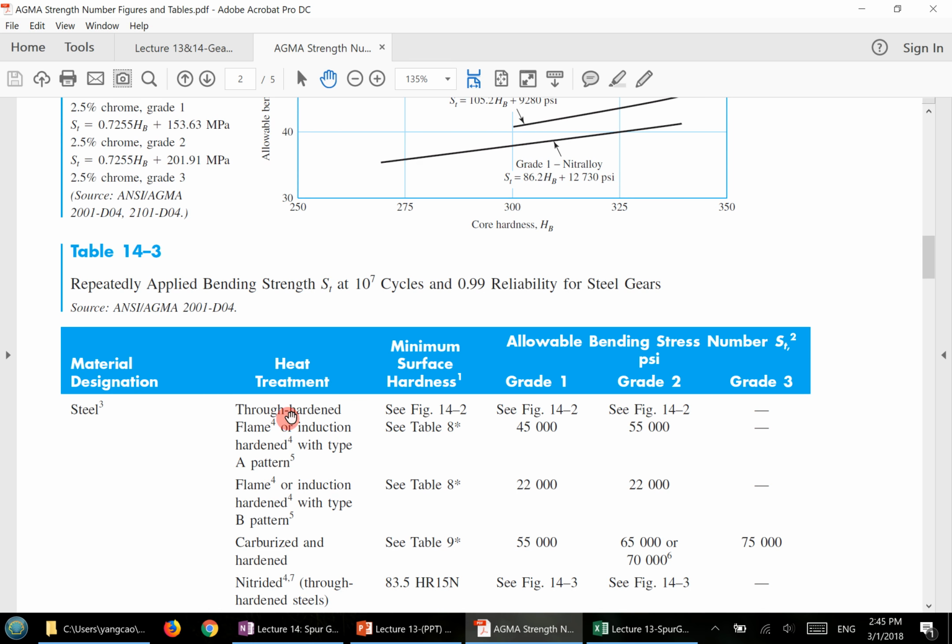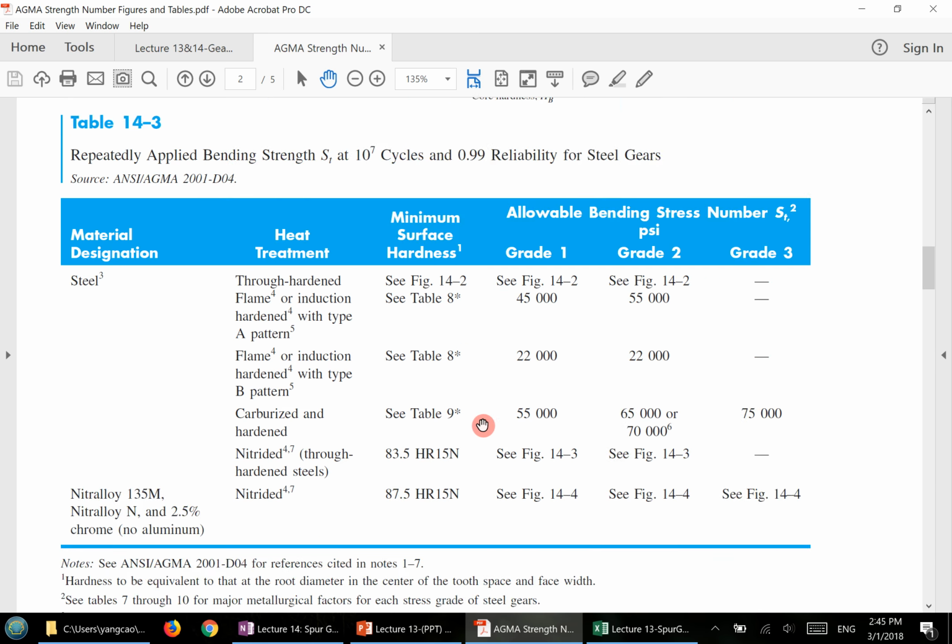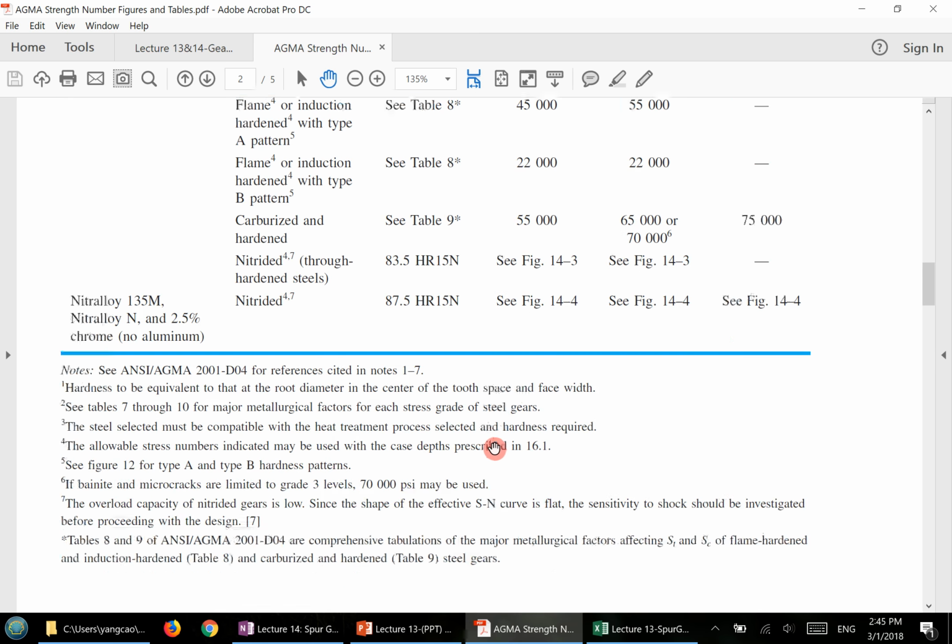The first row is through hardened, where you refer to the figures. Then there are a few rows for different types of materials, and you find the values over here. That's the idea to find ST and SC.